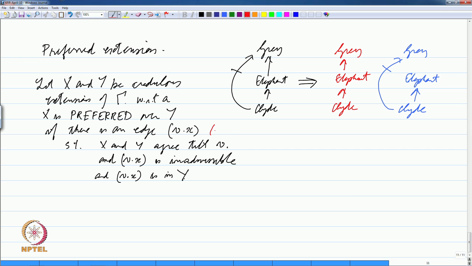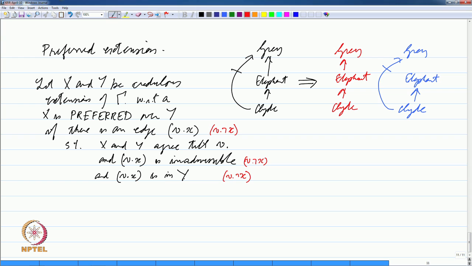Instead of v dot x, we could have also had v dot not x, we treat them equivalently. Here also you could have v dot not x. Essentially, it is an edge which is not admissible according to the definition of admissibility that we have, and it is there in one of the extensions essentially. So, the extension in which that inadmissible edge is there, that extension is not preferred. So, in this case it has to be in y and not in x essentially.